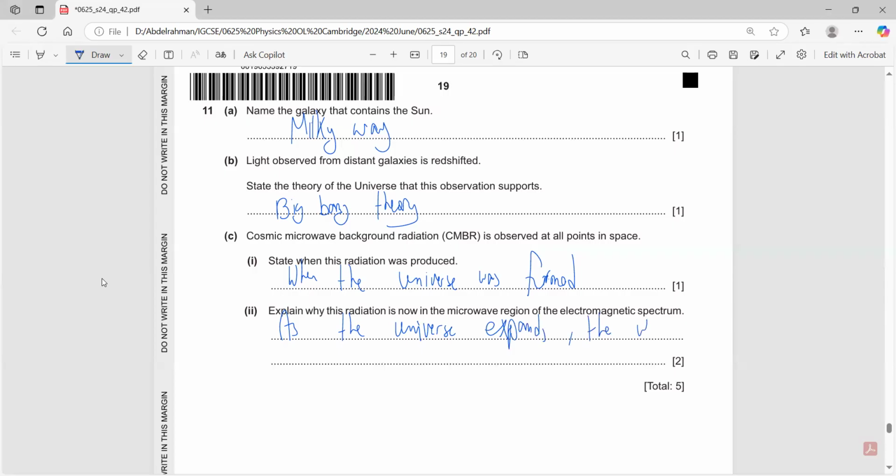The waves are red shifted, and the wavelength increases.